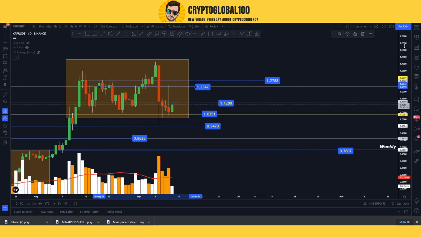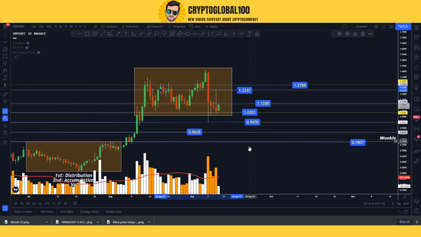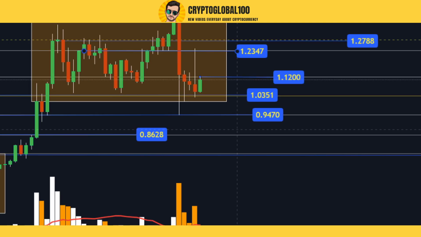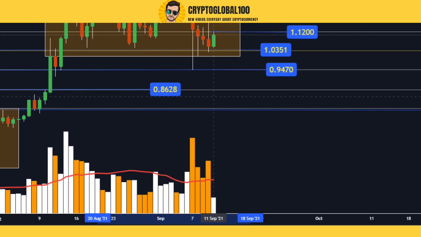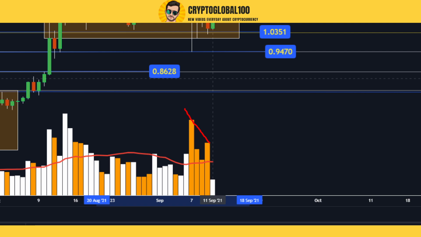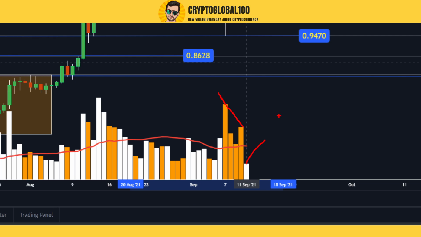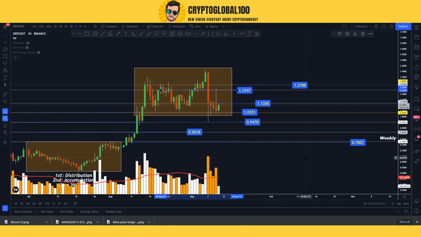Now these are the long-term signs right now. Clearly the price is below the 1.12 level, and we need to break above 1.12, otherwise the price is going to range in this area, and then either go down or up after breaking out. It depends on the volume. If you take a look at the volume on the downside, the volume of selling is higher than the volume of buying. The white bars show the buying pressure.